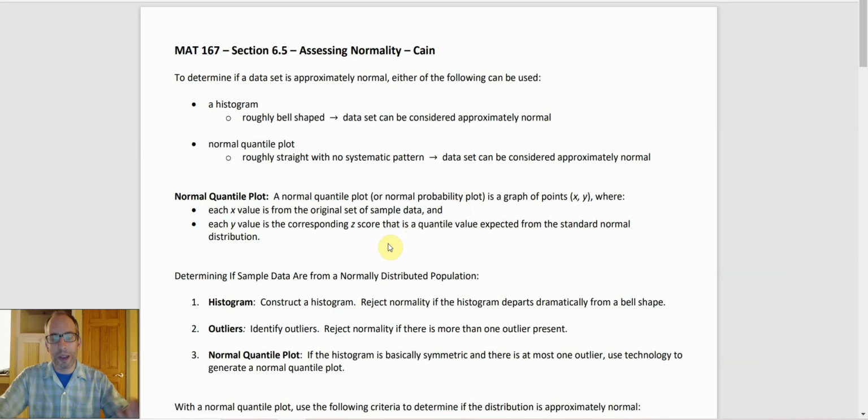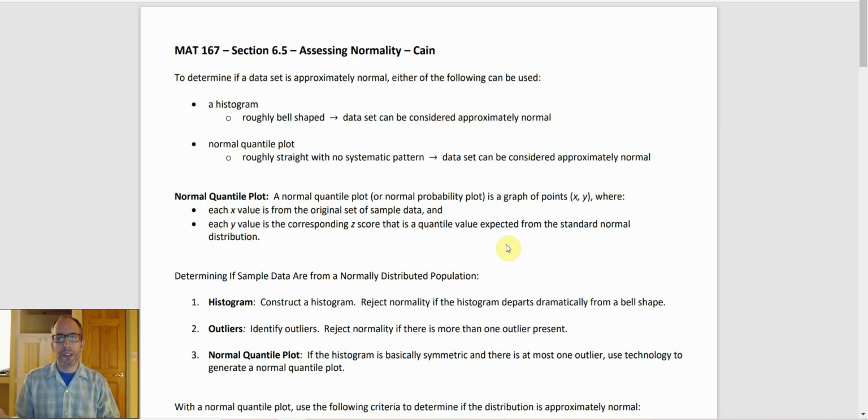Basically the way it constructs the graph is that it lines up both of these in increasing order. It puts your sample data in increasing order, and then it puts the quantile values you'd expect to get from a standard normal in increasing order, and then the smallest gets matched up with the smallest, the second smallest gets matched up with the second smallest, and at the end the biggest gets matched up with the biggest.